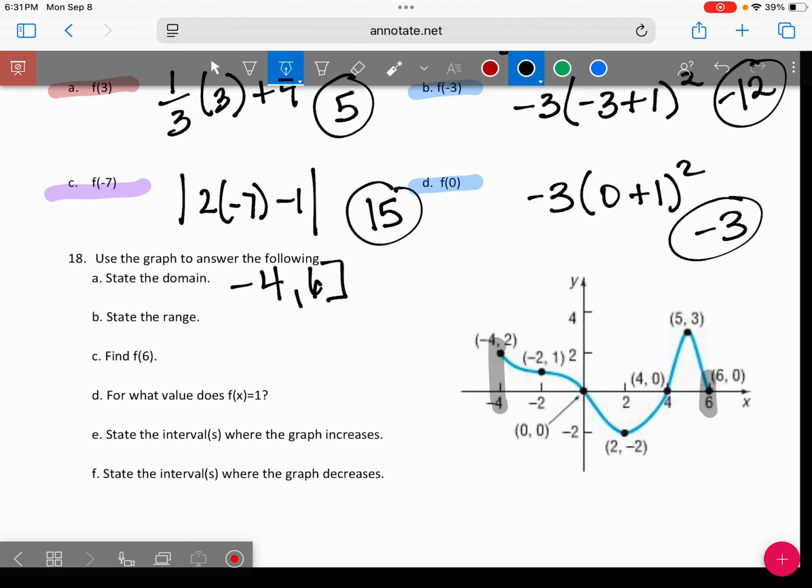Brackets. Range. My range, let's see, how low does this graph go? It comes here to here. So that means it's -2 to +3.